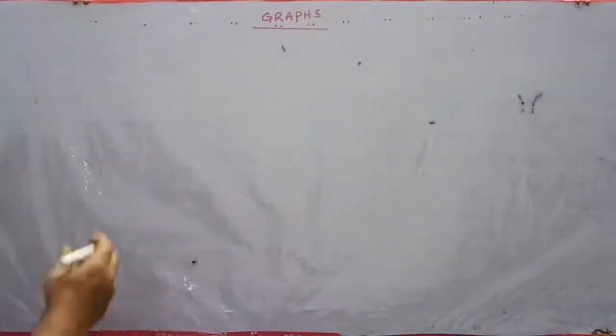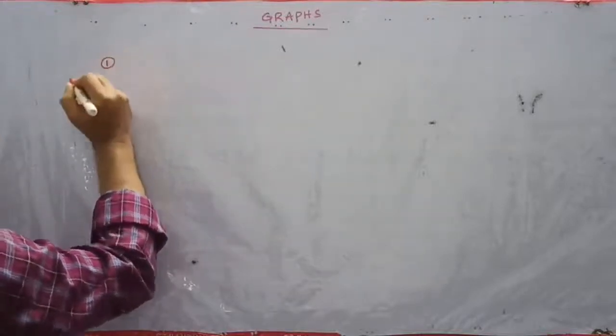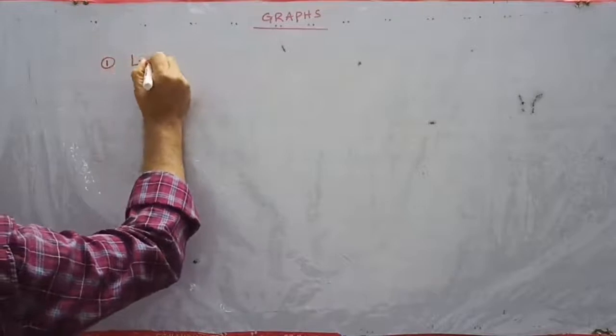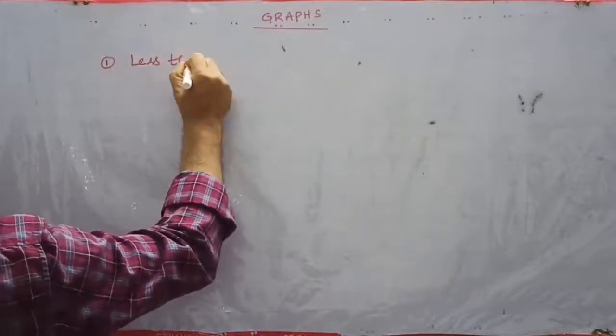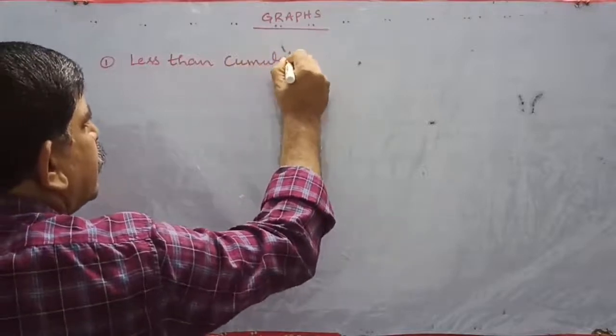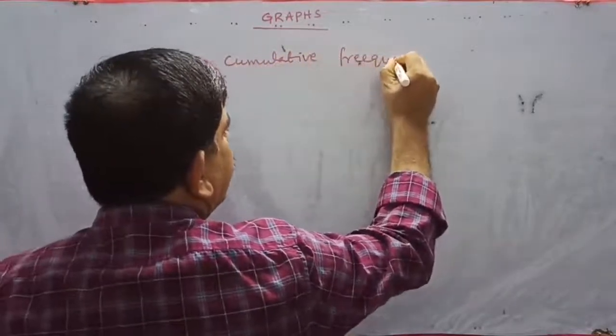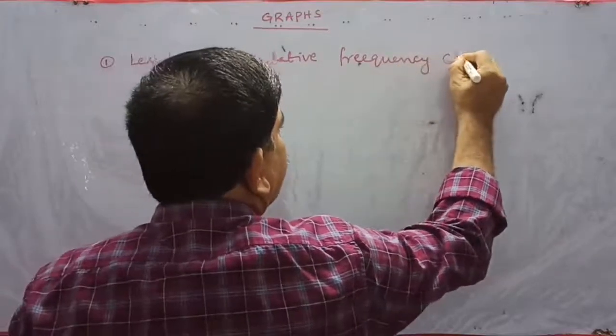Statistical data graphs. Suppose we have two types of graphs. First one is the less than cumulative frequency curve.